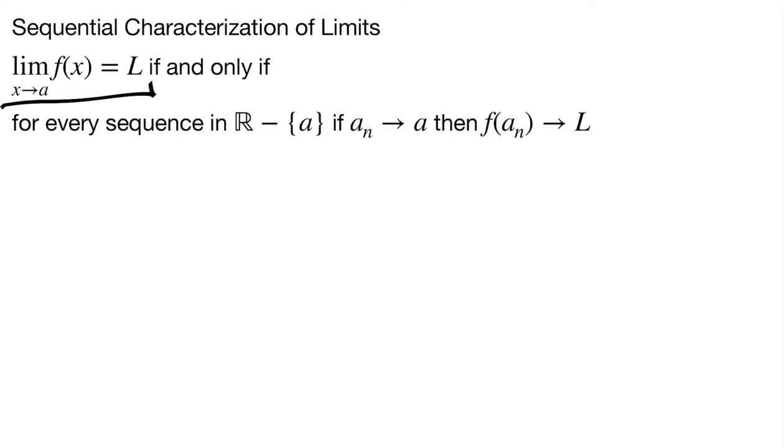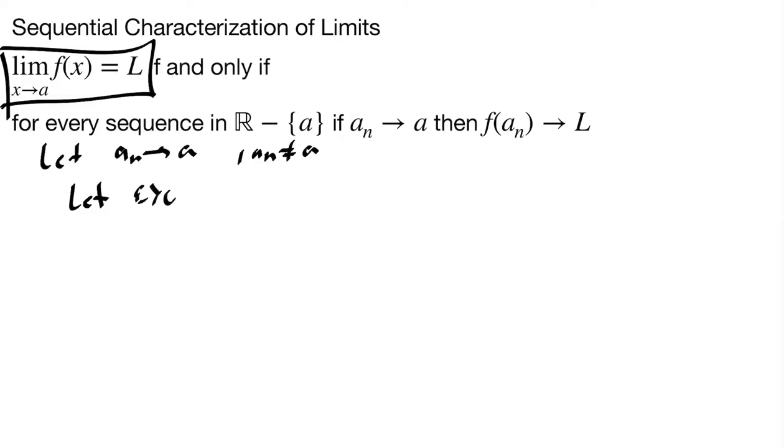So we will assume that that limit is true, and then we will let a_n be a sequence that's converging to a, with none of the a_n's equal to a itself, because that would kind of mess up that part of the definition. Because this limit exists, we let epsilon be greater than 0.